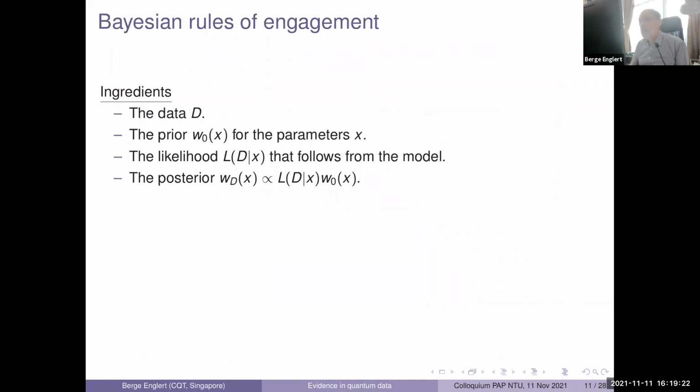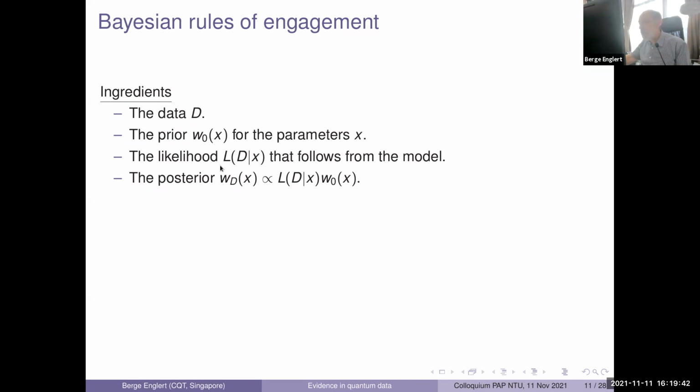So now I have to say something about how this is done. In this Bayesian procedure, we have four ingredients: the data, denoted by D. Then the prior probabilities that we associate for the parameters.